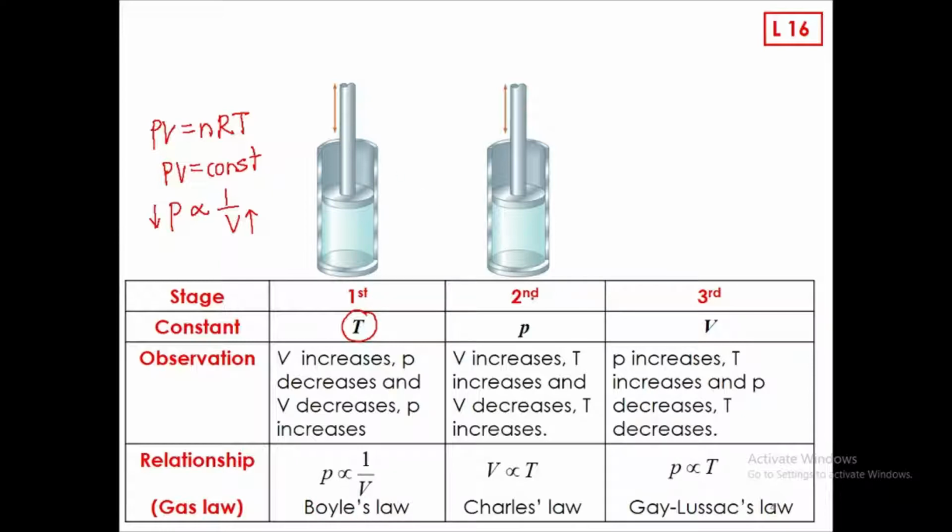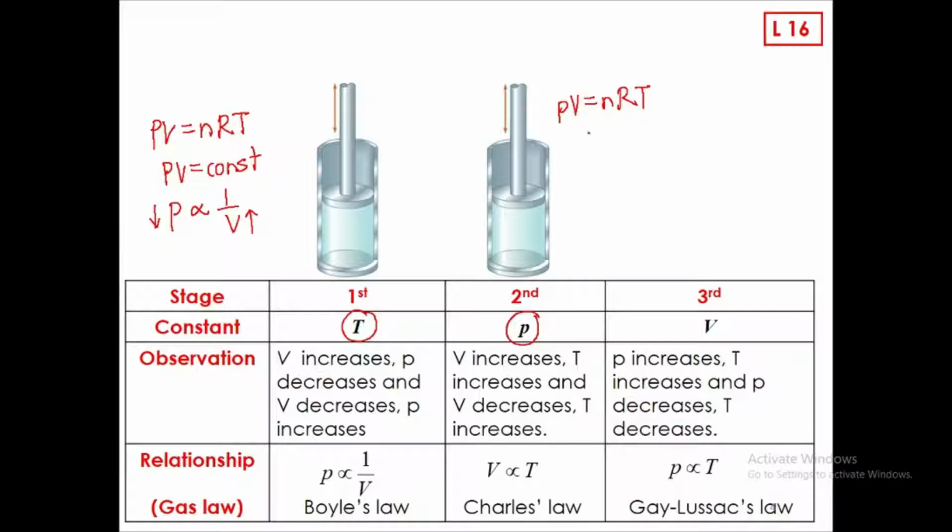And then the second one is when the pressure is constant. So we still use the formula PV equal to nRT. Okay, so we rearrange the formula first with which one is constant. So P is constant and nR is constant also.